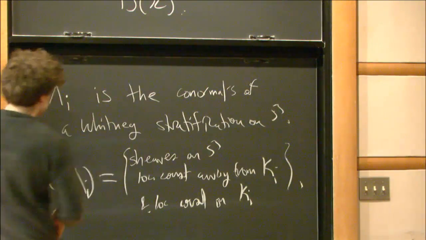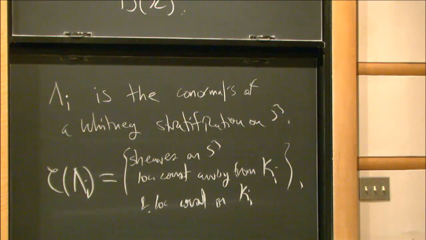So in particular, these stalk functors, it's a stalk at a point far away from the knot.